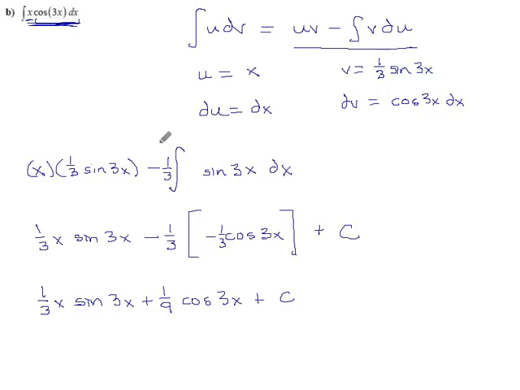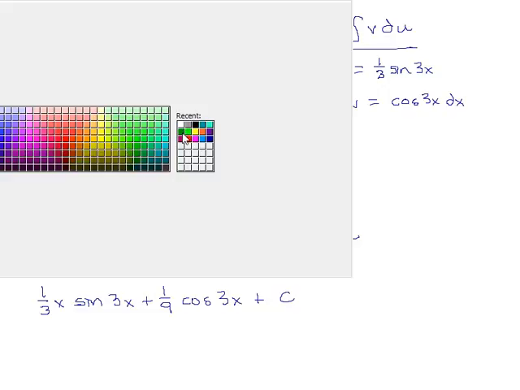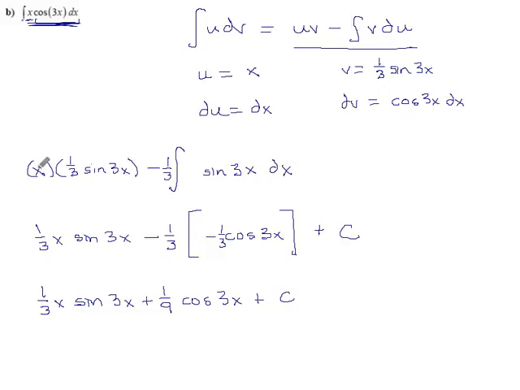All done. Now, if you're looking at that and thinking there's no way that differentiates down to x cosine 3x, I get you. These do look a little messy and like there's no way they could turn into something that simple. Let's try it. If we differentiate this, we're claiming this is the antiderivative, so if we differentiate this, well, a horrible thing happens. We get product rule from this first term.